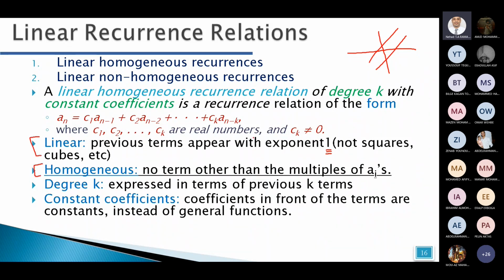What is the degree? The degree is actually how many terms we have. You will know it from n minus which number, for example n minus 5 or n minus 2, and so on. From this you get the degree. What is the meaning of constant coefficient?